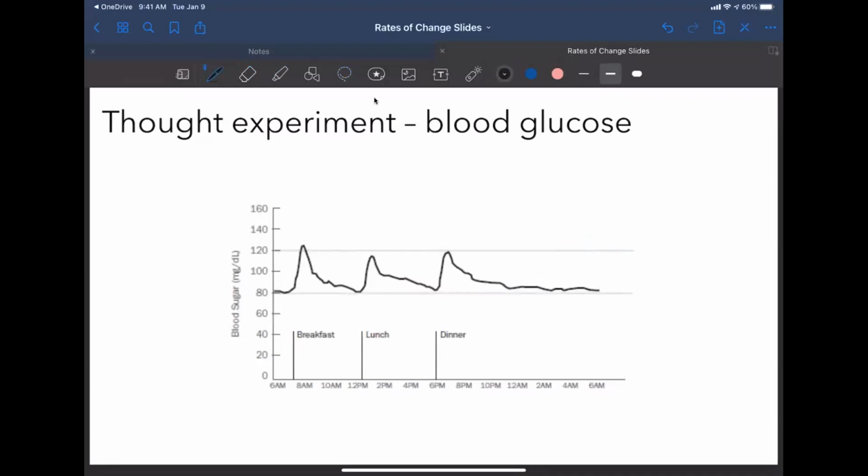And you all learned in 2200 or 2220 how blood sugar is regulated by insulin.